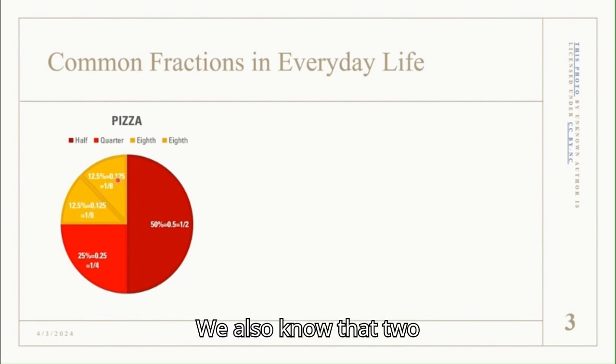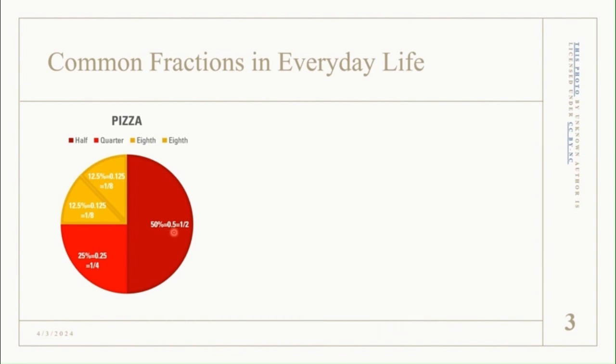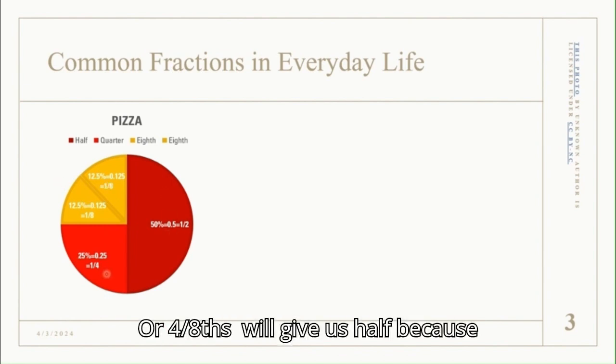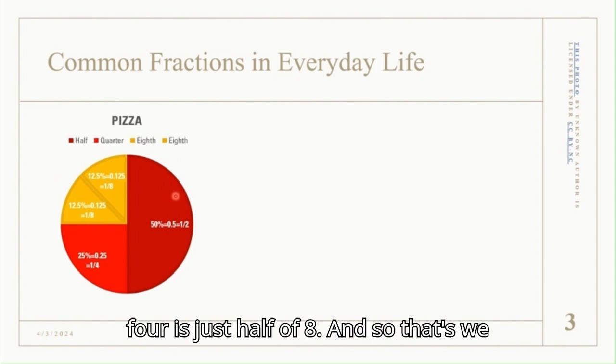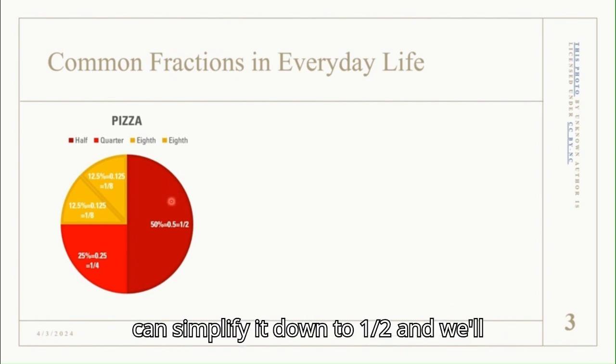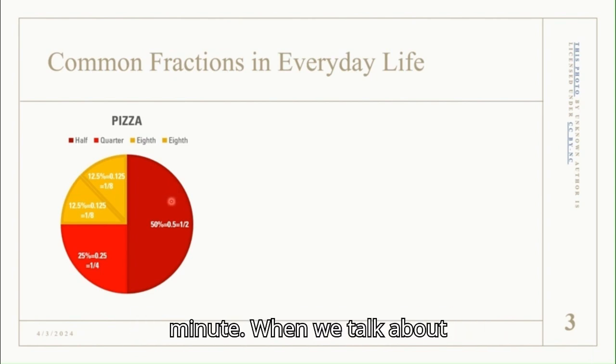We also know that 2/4 is going to give us half, or 4/8 will give us half. Because what is 4 divided by 8? Well, 4 is just half of 8, and so we can simplify it down to 1/2. And we'll show that methodology here in a minute.